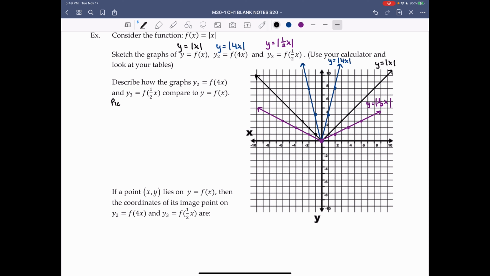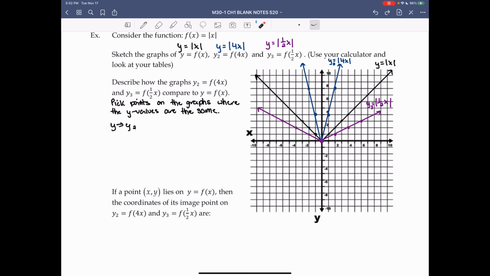Let's pick some points on the graphs where the y values stay the same. And then let's see what happens to the x values. Going from y to y2, y2 is our blue graph and y3 is our purple graph.